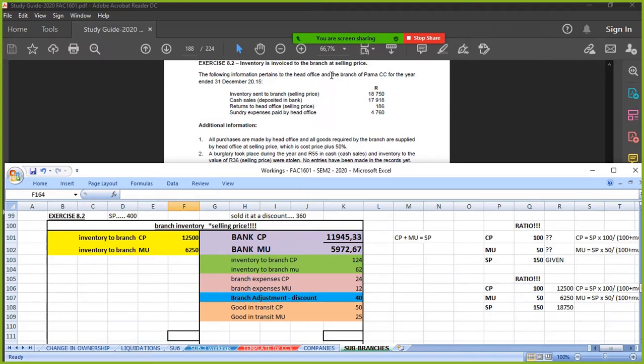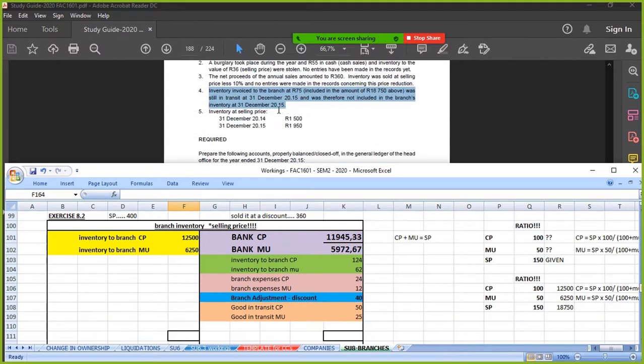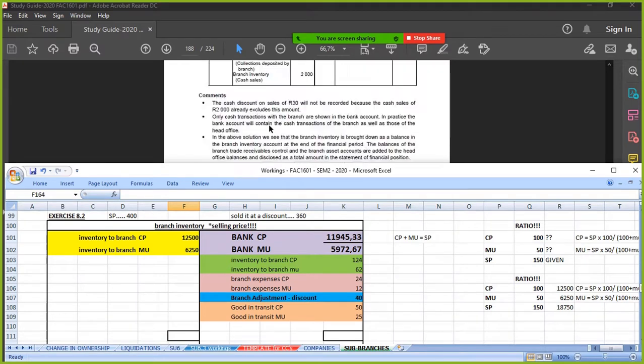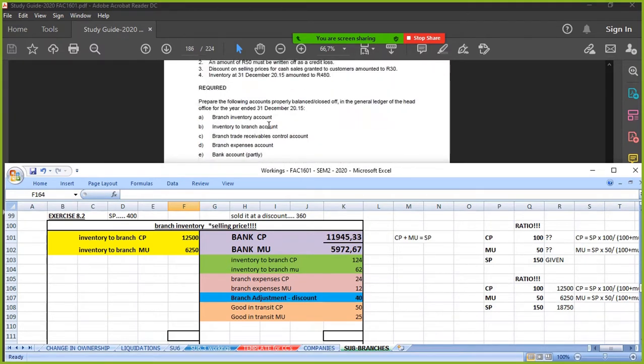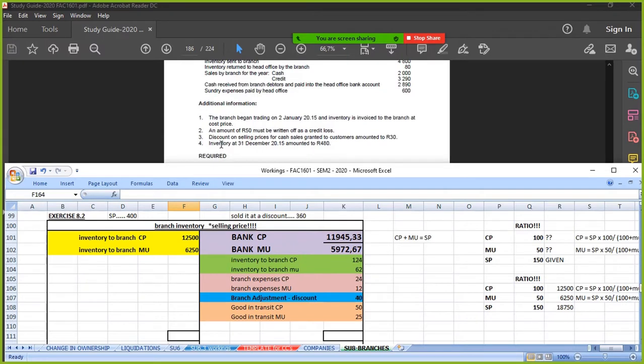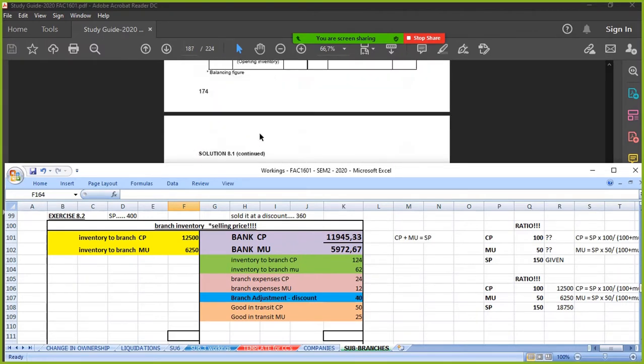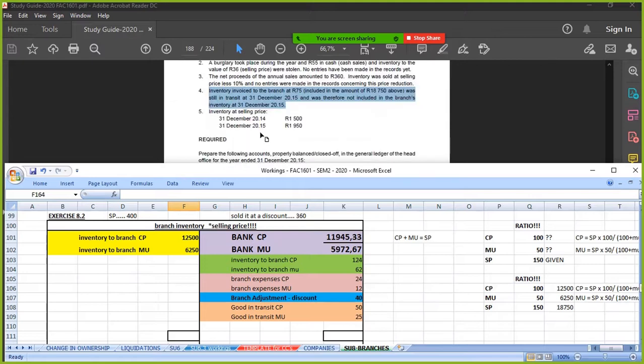Okay, so it actually relates to both the head office and the branch. But because they didn't write branch inventory in the previous one, remember we looked at this one? They just wrote inventory, they didn't write branch inventory. I assume this is branch inventory because they haven't specified. It's probably the same case. Does that make sense? Yes.